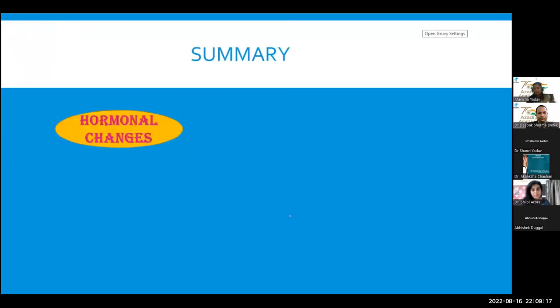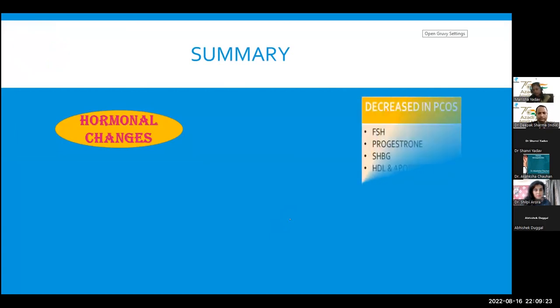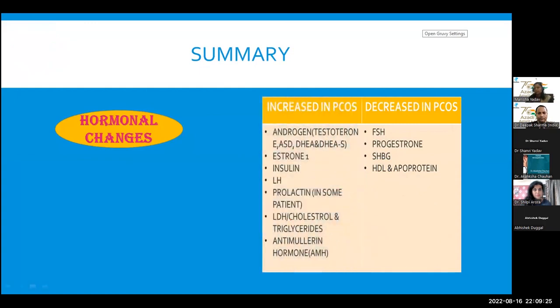So finally, we summarize what are the various hormonal changes which are going on. In one way, you can say there are certain hormones which are going to increase in PCOS and certain hormones which are going to decrease. All androgens are increased, estrone is increased, insulin is increased, LH level is increased, prolactin is increased.